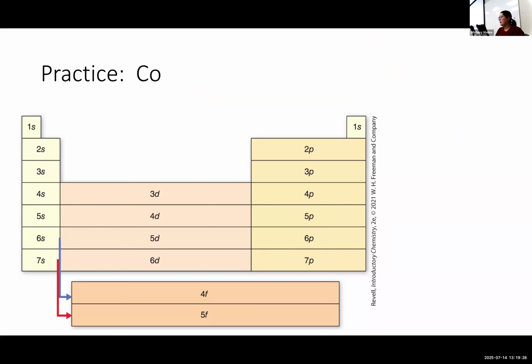That logic also applies to transition metals. It's when we get to the p block that it gets a little more complicated. But let's do cobalt. This is neutral cobalt. Walk me through the full electron configuration.